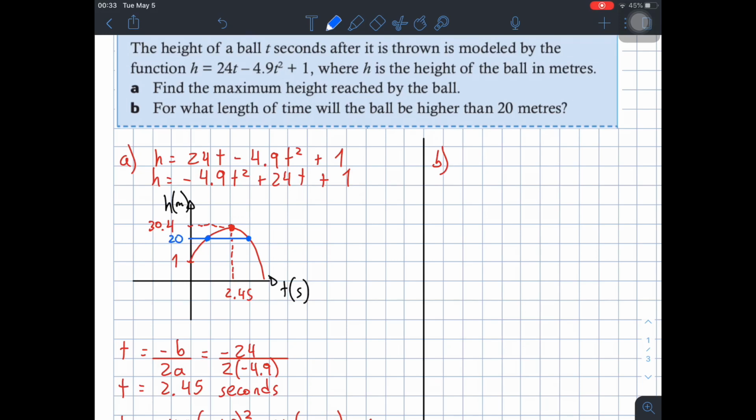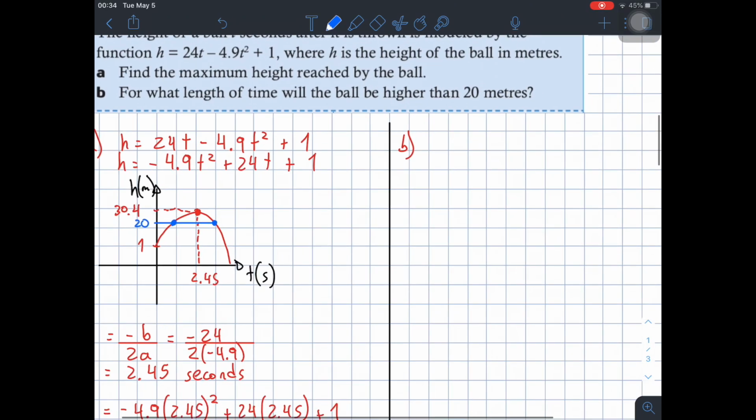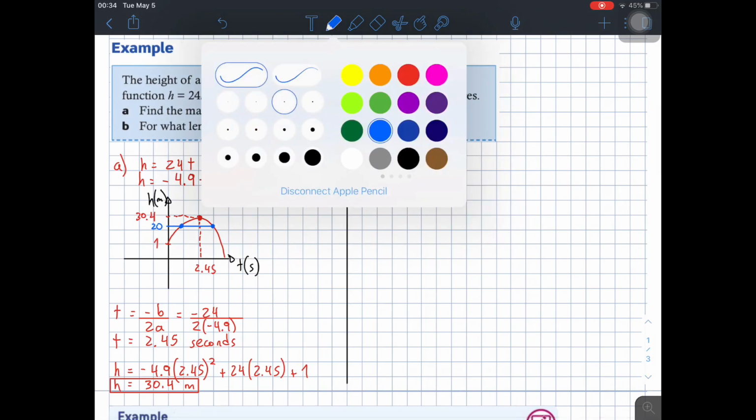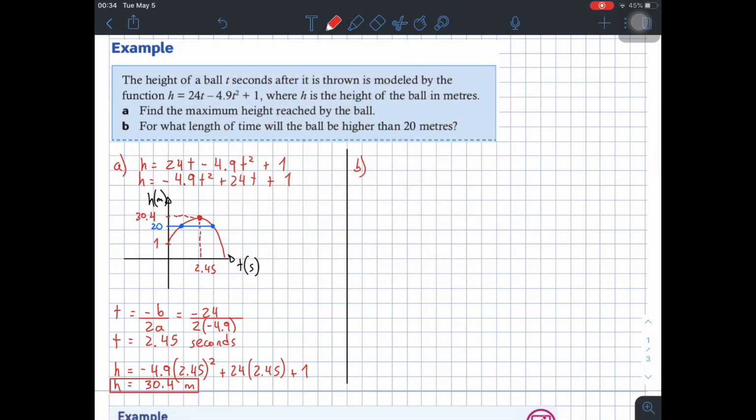So what we need to do is basically calculate those two times where the ball would reach 20 meters. So 20 meters is our data, so we're going to use height as 20 and we're going to plug in that into our equation. We're going to have 20 equals negative 4.9 t squared plus 24t plus 1, and we're going to find the value of t.